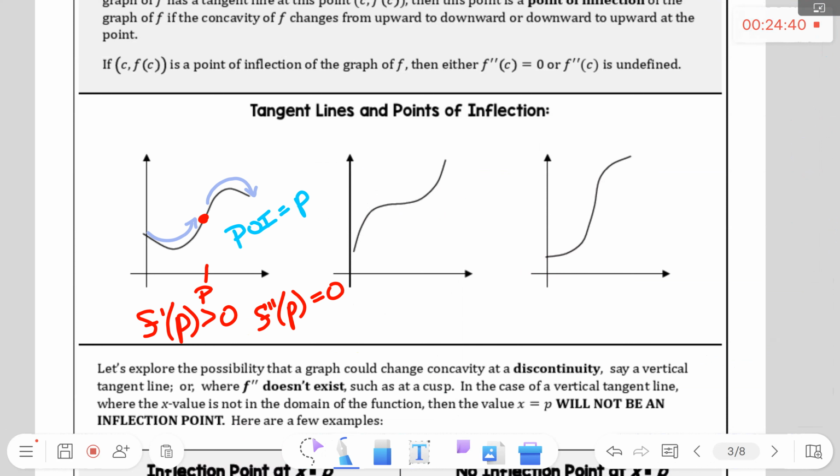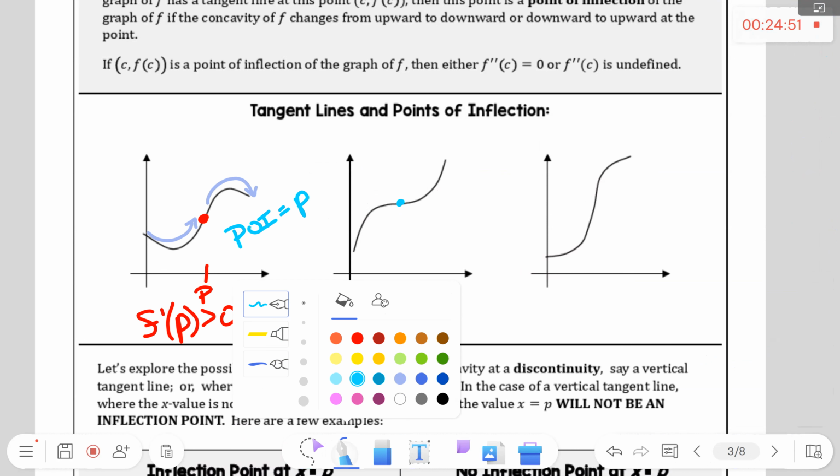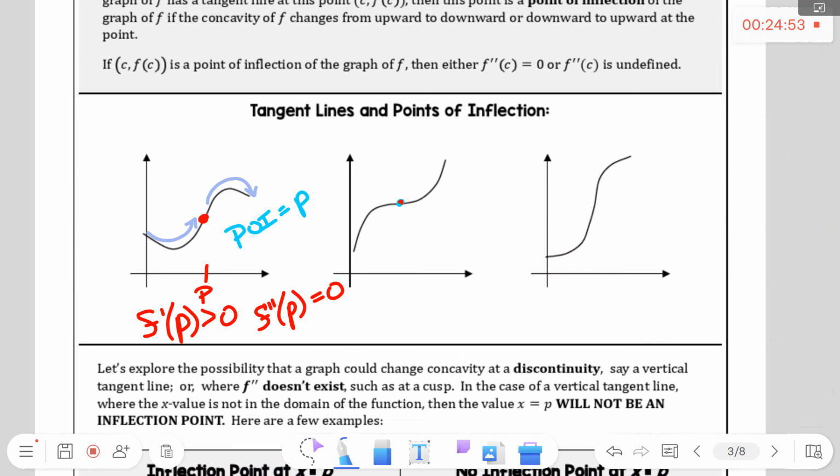What's weird about this one? It's got a little flat part. Do we still have the concave down, concave up? So what can I say is right here?